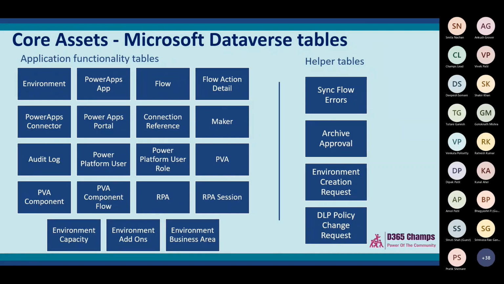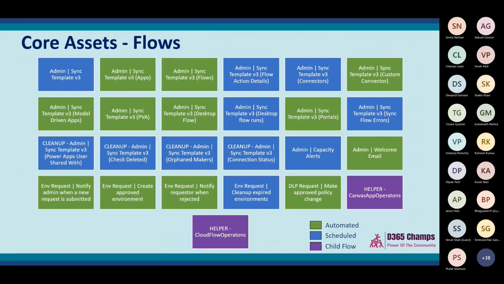The second part of the core assets that we have is the flows, because as we said, flows are the core part of this core solution, which can run through your environment, get the information about all of the apps, flows, and Power Virtual Agents that we have inside there, and from there we'll be able to see that.